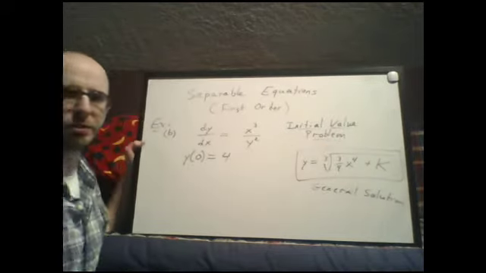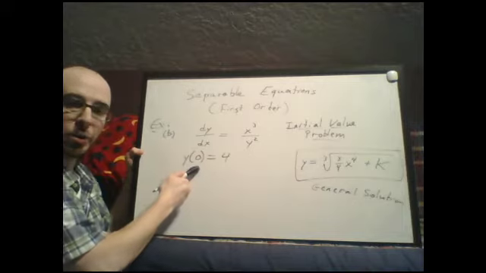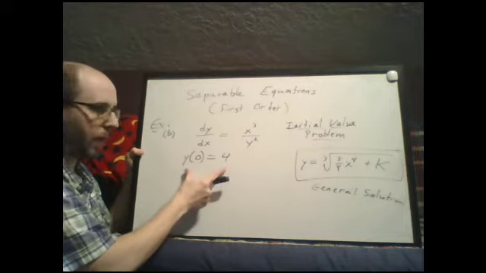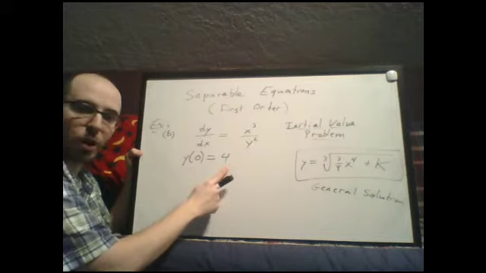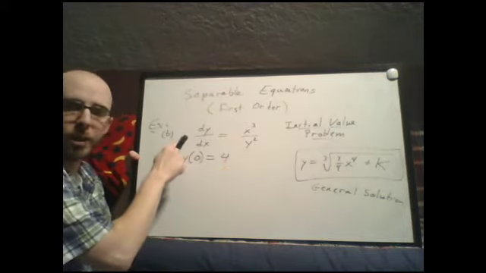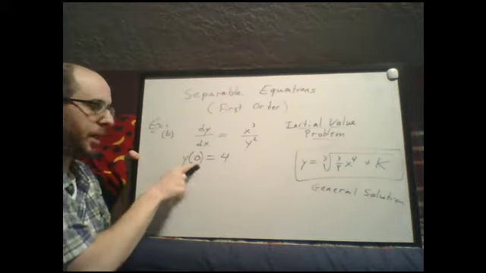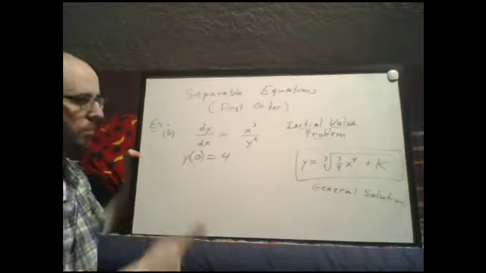An initial value problem is a differential equation together with some value for the function. Given some x value, you have a specific y value associated to it. So that means we want a solution, a function that satisfies the equation that also satisfies the initial condition.